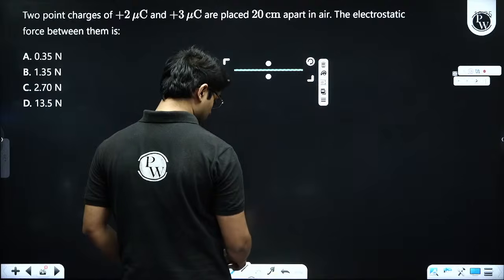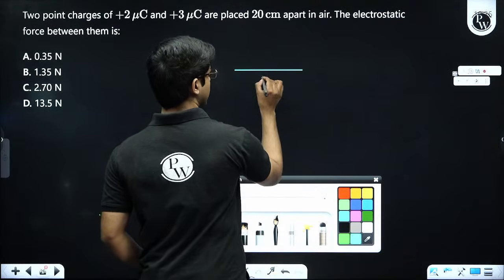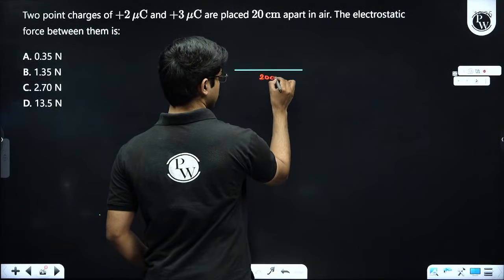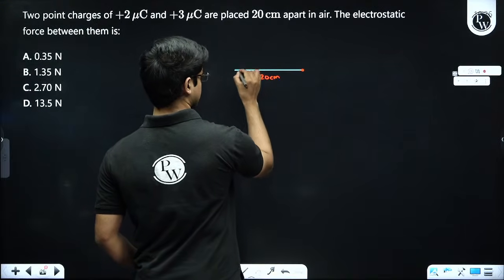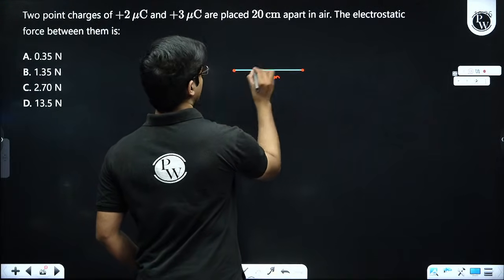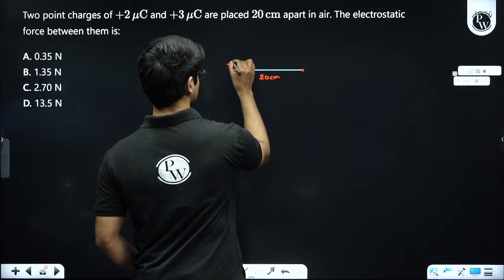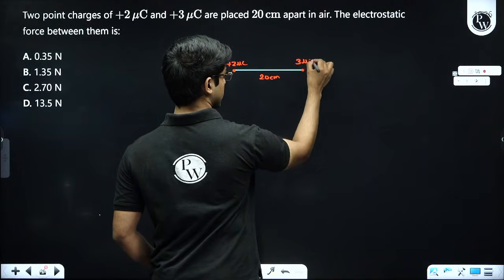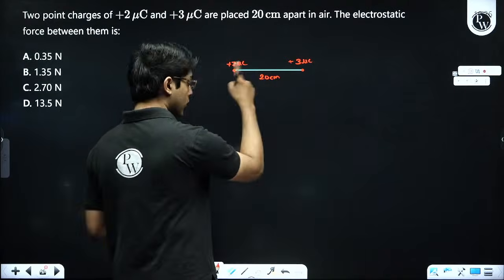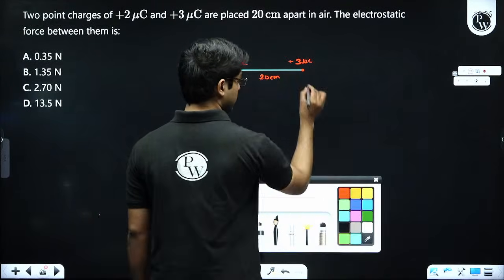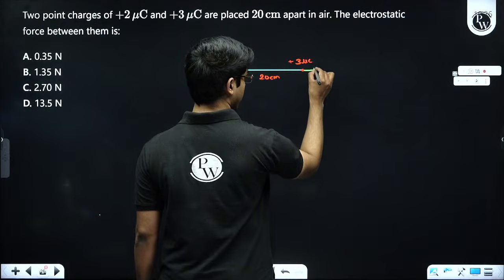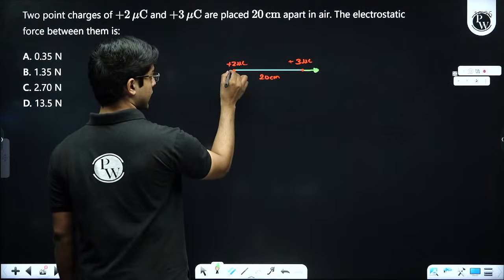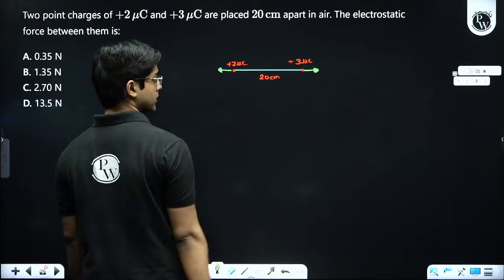So we have two charges that are 20 centimeter apart, and one charge is plus 2 microcoulomb and the second charge is plus 3 microcoulomb. Because they are positive, the force will be repulsive. So this guy will be repelled away by 2 and this guy will be repelled away by the 3 microcoulomb.